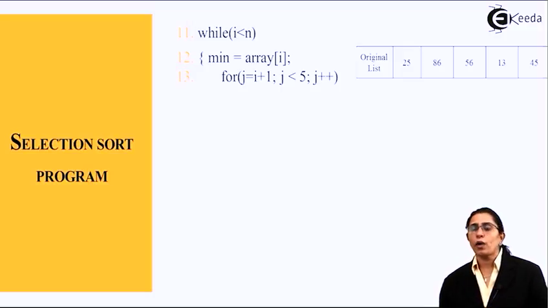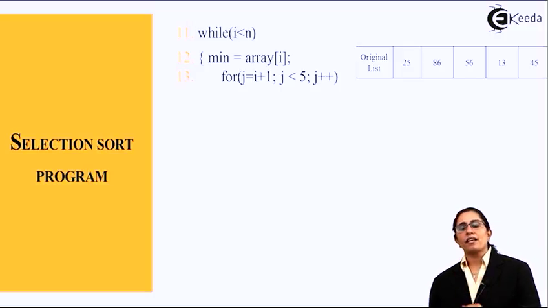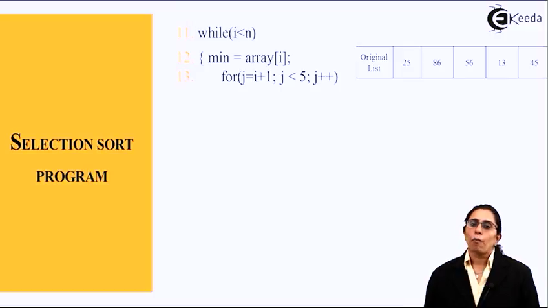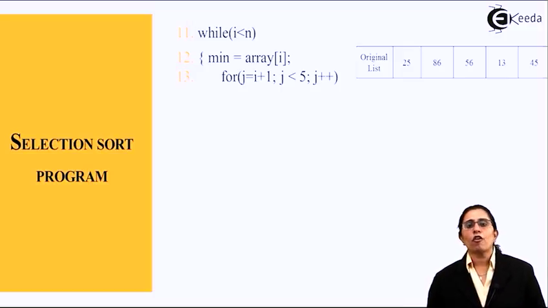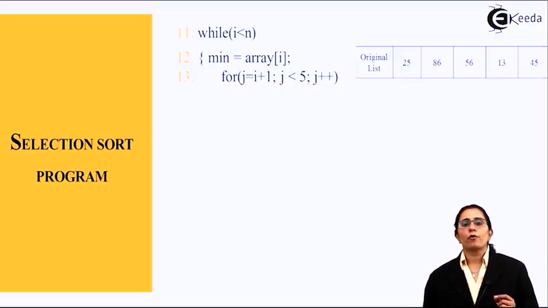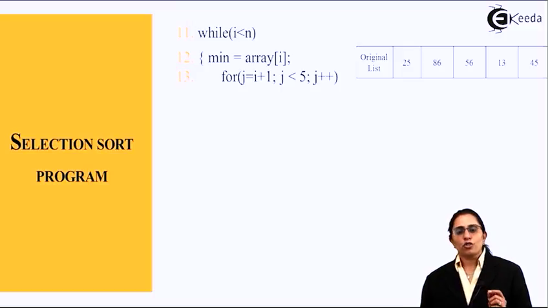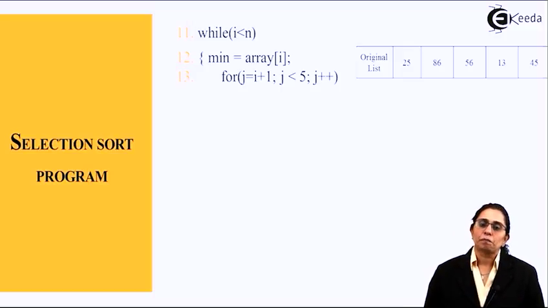This can be changed to n, but for my example, as we have only 5 elements, I have put it as 5. But for a more practical implementation of my program, the limit of j should be n.